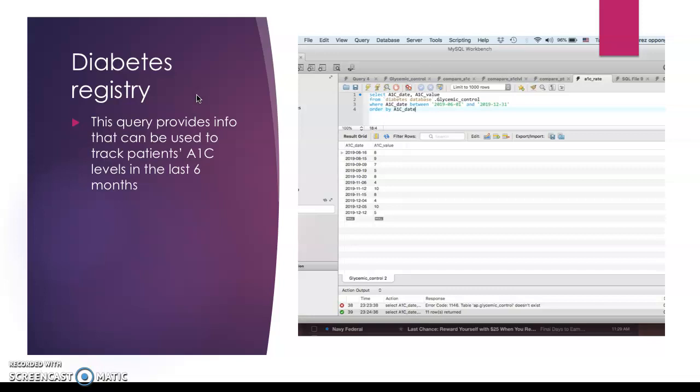So if we are trying to target a set population and determine what their A1C values are, this provides us with a quick way of finding that information.